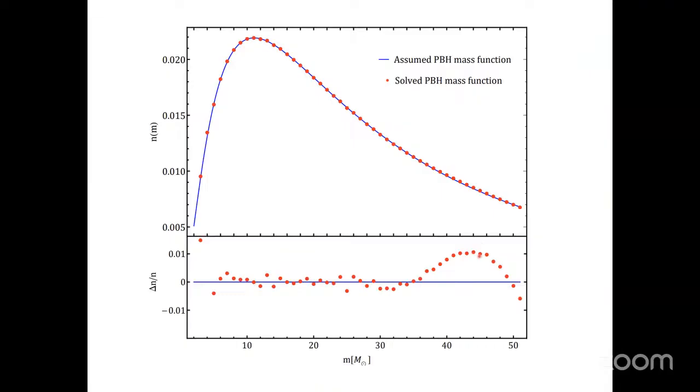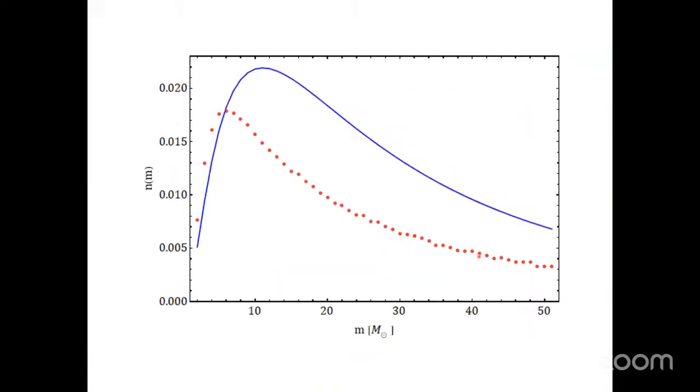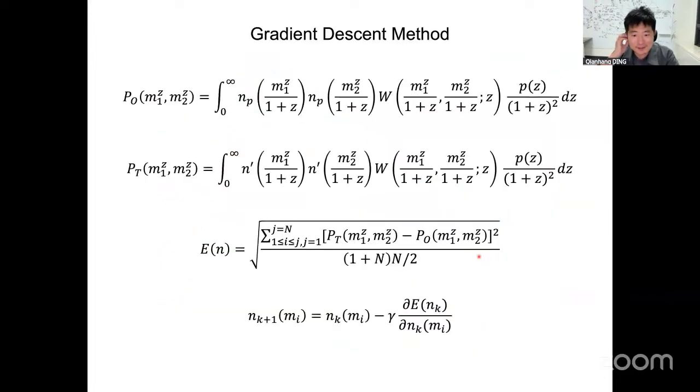Yes, actually, this is a very interesting question. You can find for this equation, this is observable, and for NP, what we need to do is a redshift integration. For example, here I write from 0 to infinity, but actually in calculation, I integrate from 20 to 100.